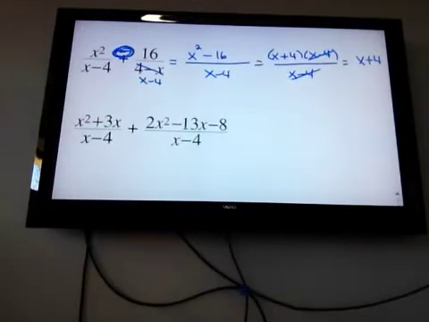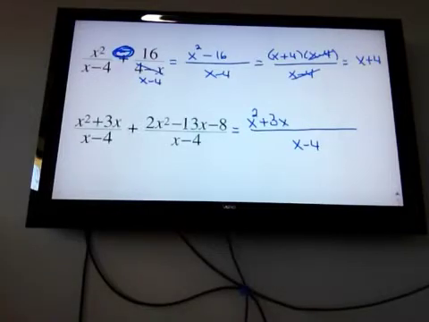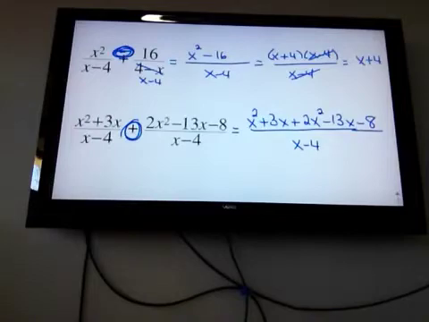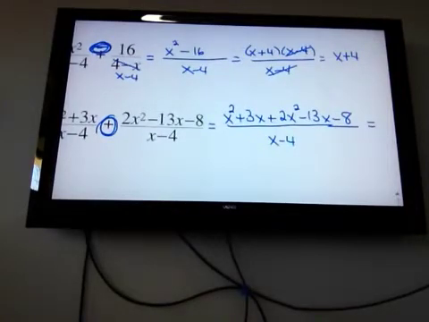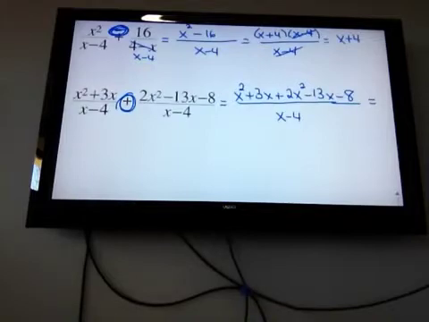And then my last one. No inverses, they're the same denominator, so I just got to bring everything over here. I'm going to write it as a single fraction. It's a plus, which is great, because then I don't have to worry about sign changes, everything stays as is. And then in order, add, factor, reduce.